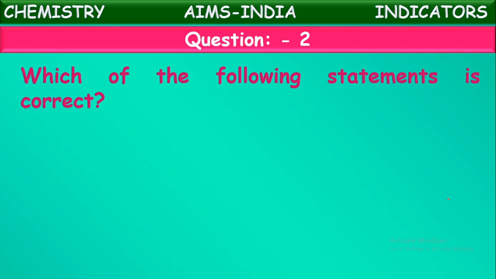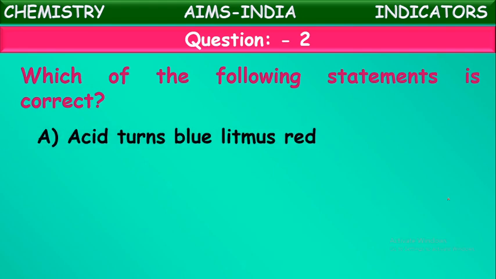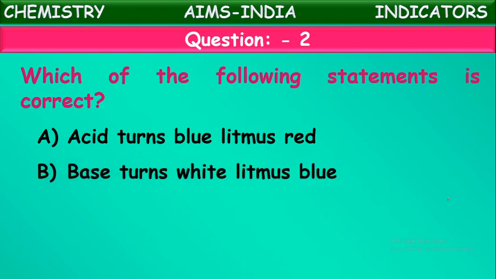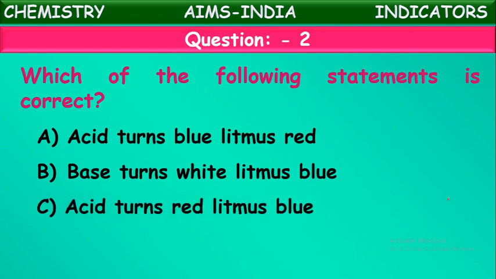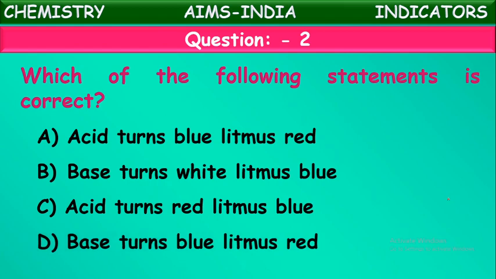Which of the following statements is correct? See the statements given here. Acids turn blue litmus red. Bases turn white litmus blue. Acids turn red litmus blue. Bases turn blue litmus red. Which is correct here? Actually, litmus papers are of two colors, blue litmus and red litmus.